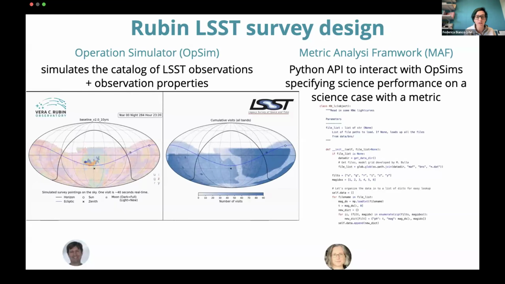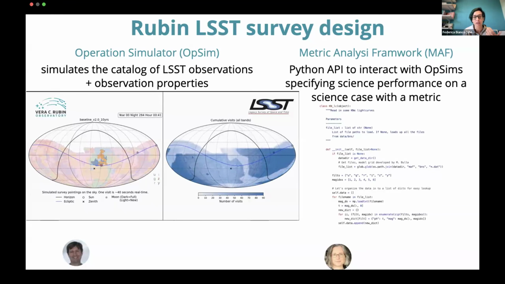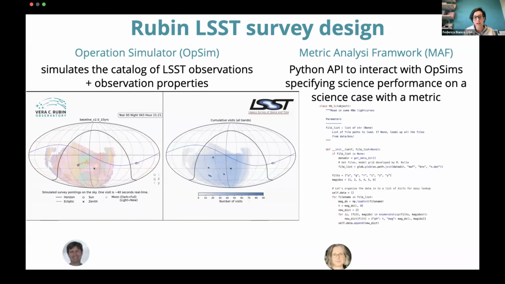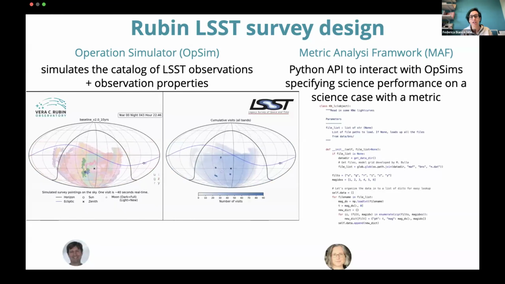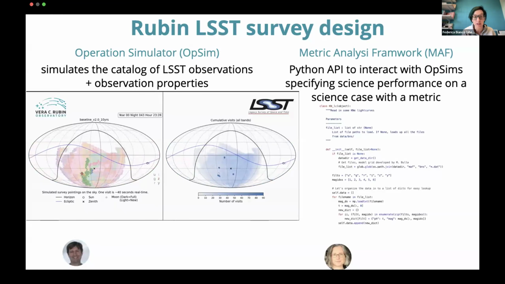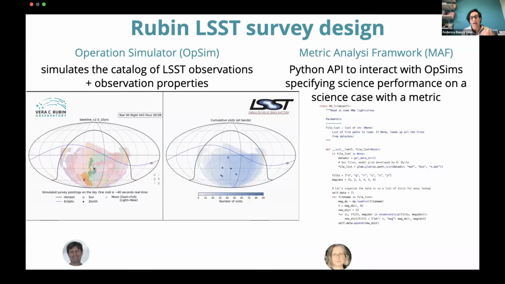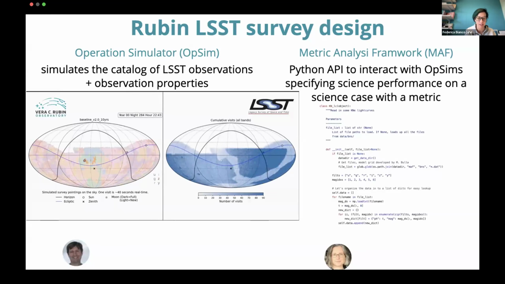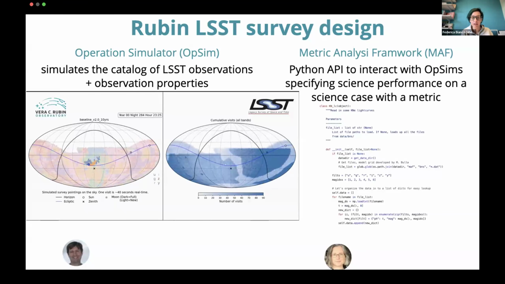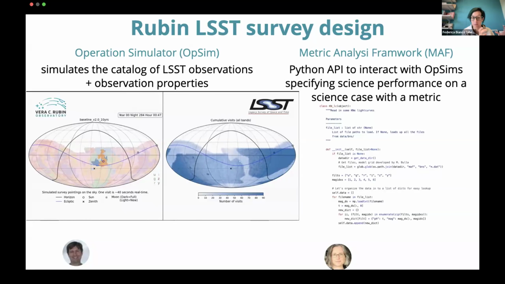What you see on the left of this diagram is essentially this database being built: where did LSST observe, with which filter, at which point in time, and also information such as what the magnitude limit of that observation was, what the brightness of the background was, etc. So that's the pillar. Again, it doesn't simulate images, it simulates a database of observations and observation information.